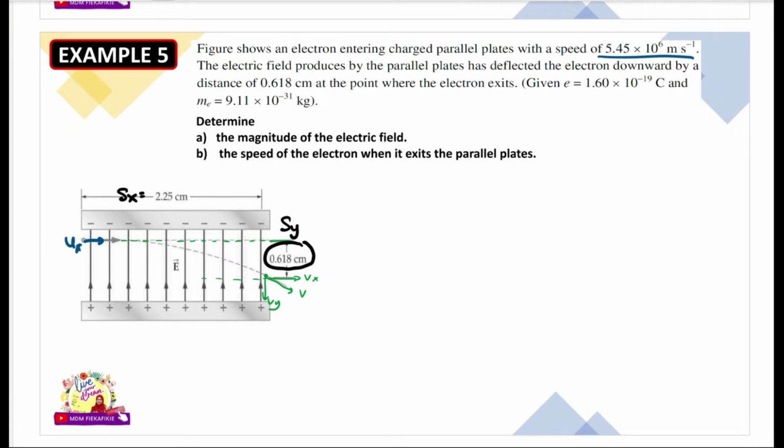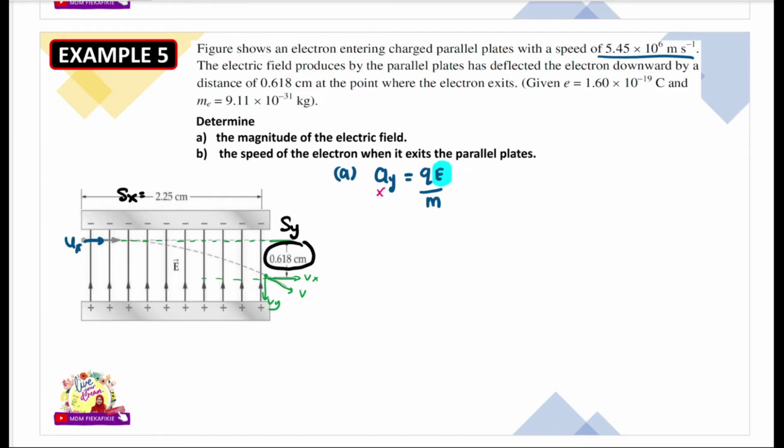So sekarang for question A, we want to calculate the electric field. So macam biasa kalau kita guna formula ini, kita dah pernah tengok tadi kan. Kita nak kira electric field here, tapi kita tiada AY. So kita tak boleh straightly kira electric field because we need information about AY.